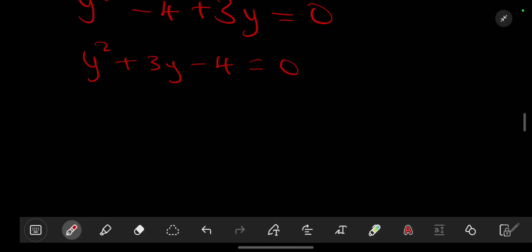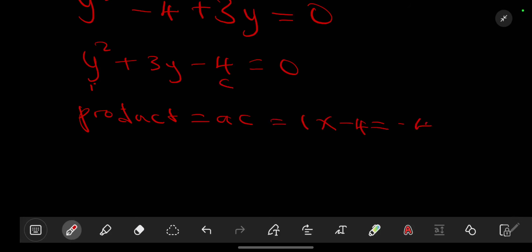In this case, what we are going to do now is find our product. Knowing that our product is equal to AC, our A is 1, so we have 1 times our C is -4, which will give us -4 like that. Then our sum should be equal to B, which is +3.